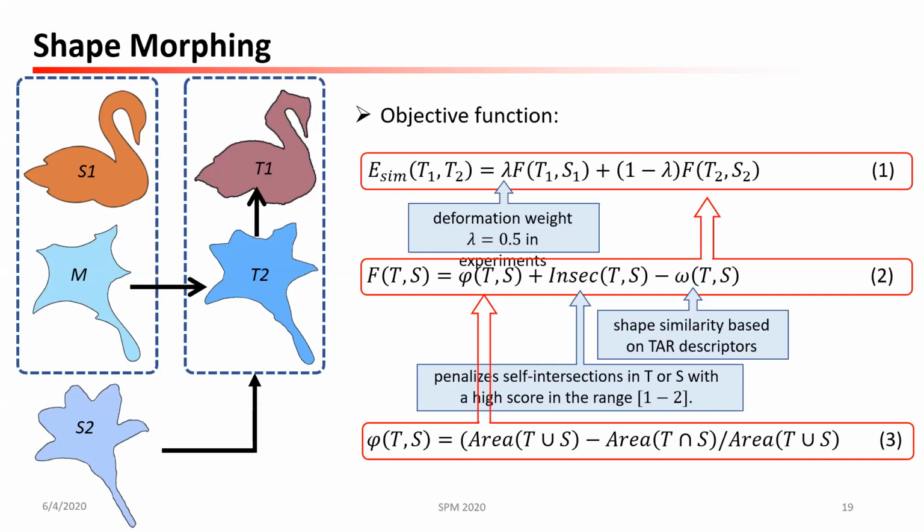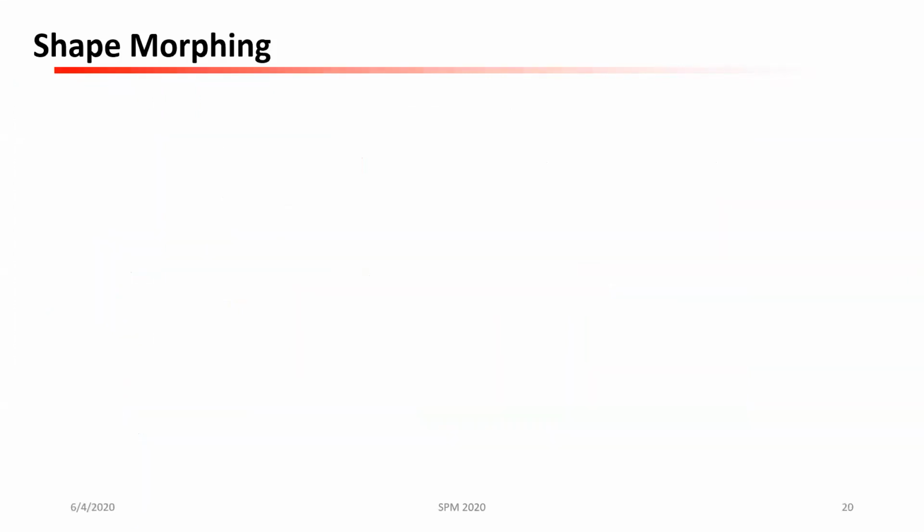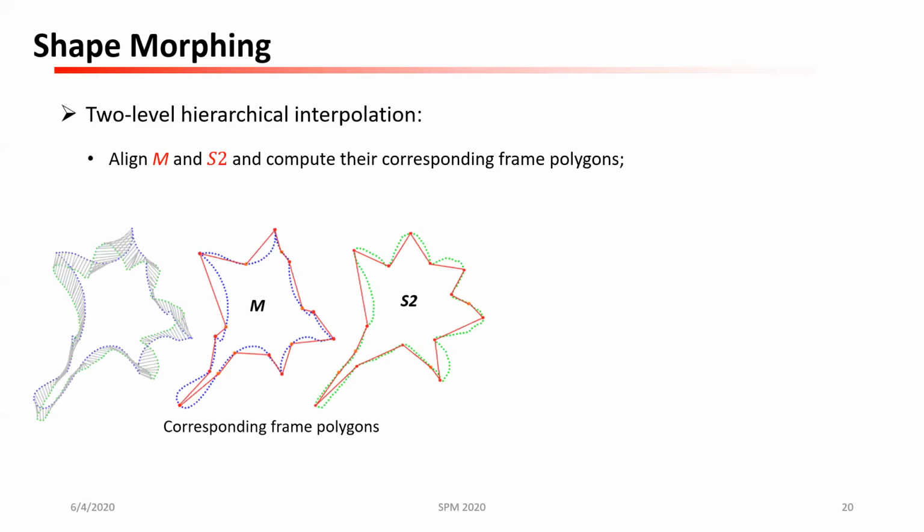To minimize E_sim and maintain the coupling of T1 and T2, we perform shape morphing between M and S2, and the shape T1 is defined from the distortion of T2. In the process of morphing, we employ a 2-level hierarchical interpolation algorithm.